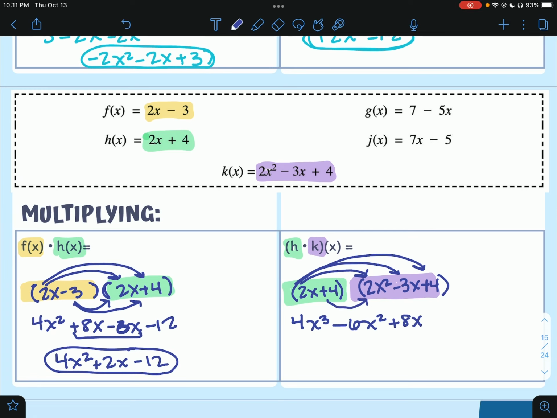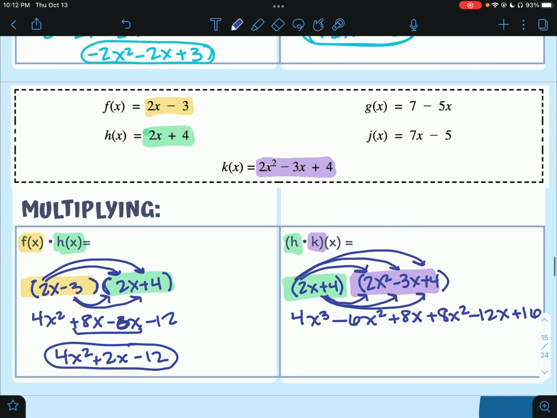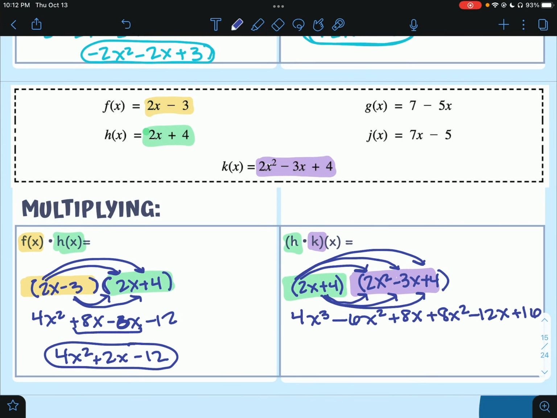I then need to distribute my 4. 4 times 2x squared is 8x squared. 4 times negative 3 is negative 12x. And 4 times 4 is positive 16. From here, I would combine my like terms.